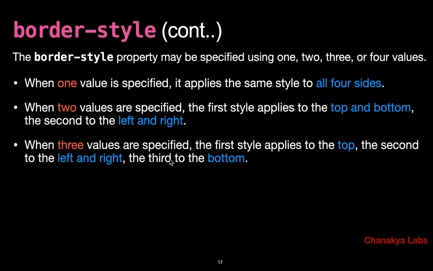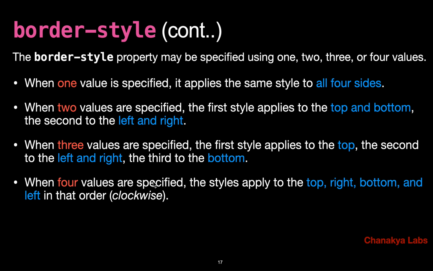Three values, this is important: the first one is top, the third one is bottom, and the middle one is left and right, as we saw earlier. And four values are pretty straightforward. You just have to remember that the first value is the top, and then from there we go clockwise: top, right, bottom, and then left. That is how it works.